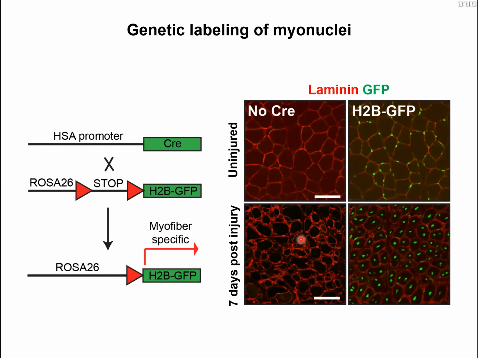This was possible by crossing with the HSA-Cre driver, which is specific only to the syncytial myofiber cells, and which would recombine and drive the expression of histone H2B-GFP. As you can see here, we were able to confirm robust labeling of the muscle nuclei in uninjured muscles, as well as at early time points of regeneration after we gave injury to the muscle.